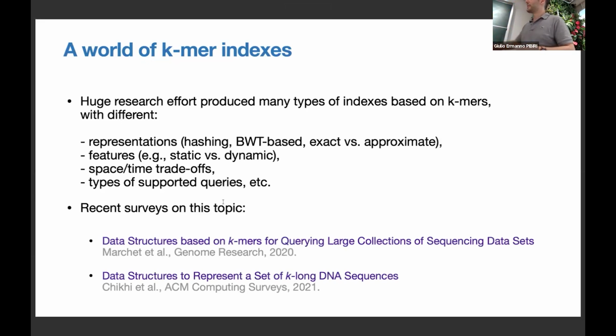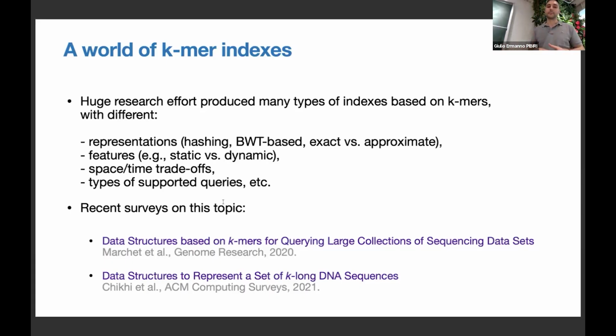So I point you to these two excellent surveys on the topic from some years ago. Now, probably they should be integrated with some new developments, but still they are excellent sources to know about these K-mer-based indexes. And since they are surveys, they cover more or less the entire spectrum of indices.